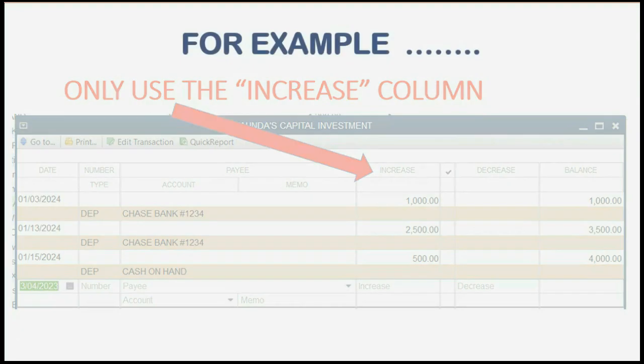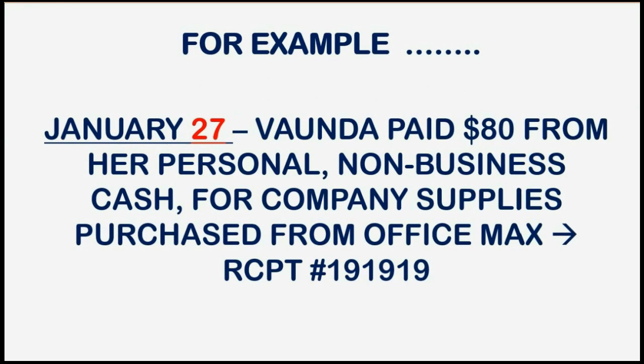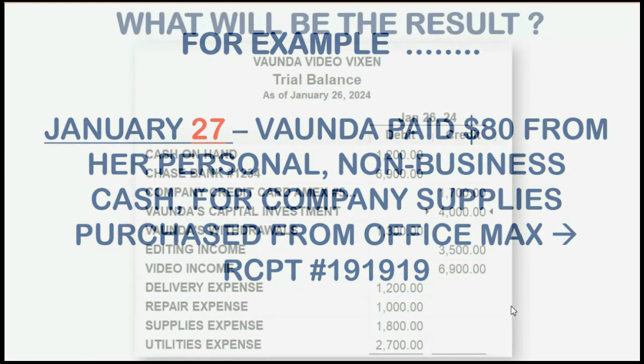Now let's take a look at our first example. Let's imagine on January 27, Vonda paid $80 from her personal non-business cash for company supplies purchased from OfficeMax, and this was the receipt number that she got.